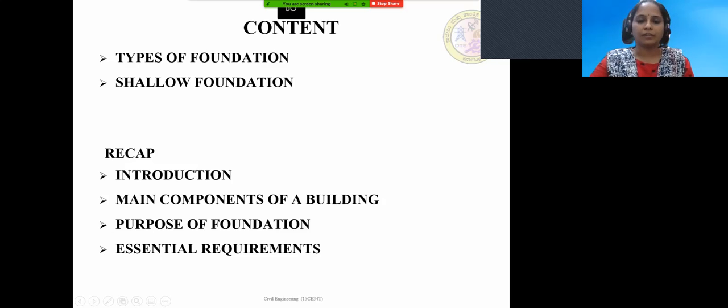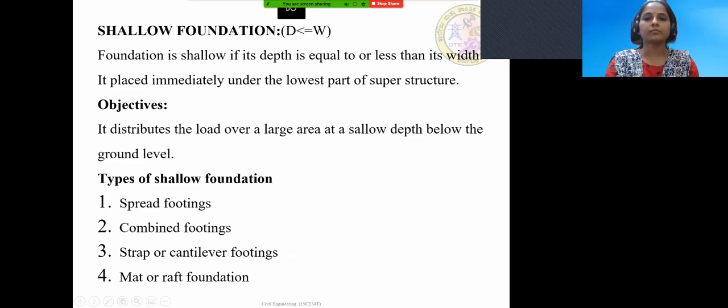Next, we'll move on to today's topic, that is types of foundation. In the last class we discussed that, based on the depth, we have classified the foundation into two types, shallow foundation and deep foundation.